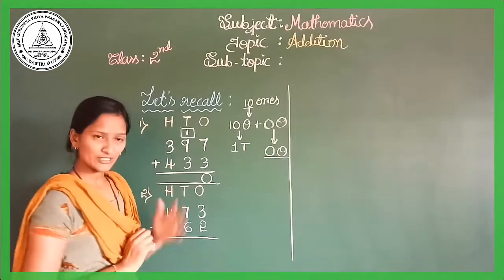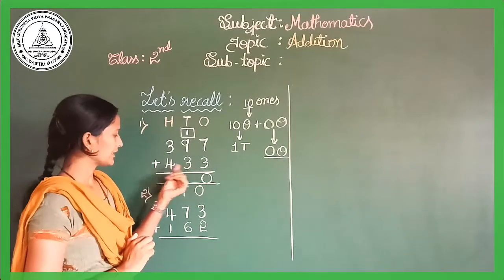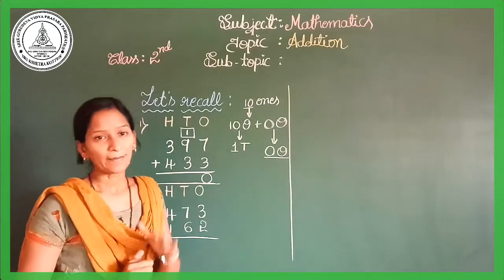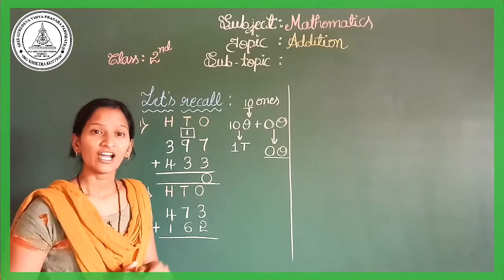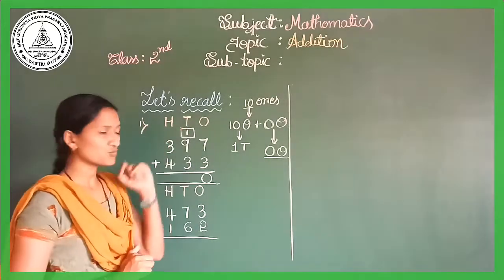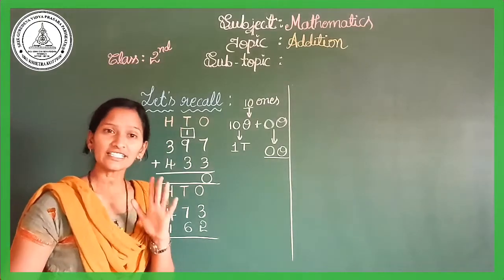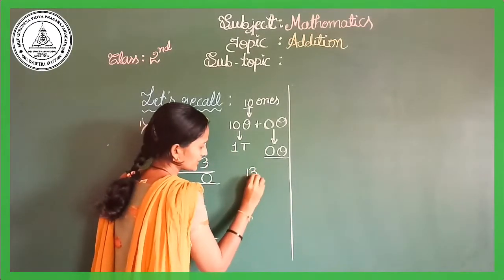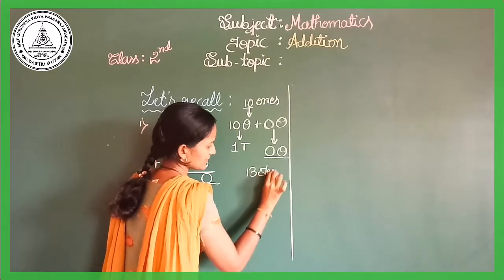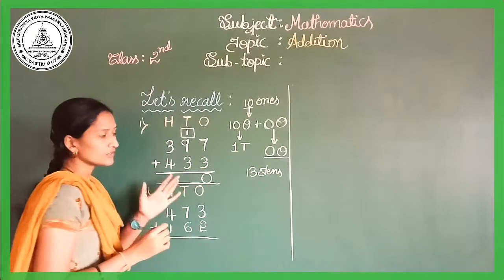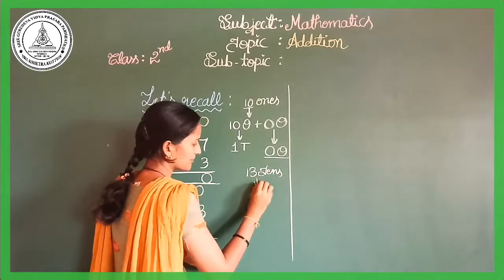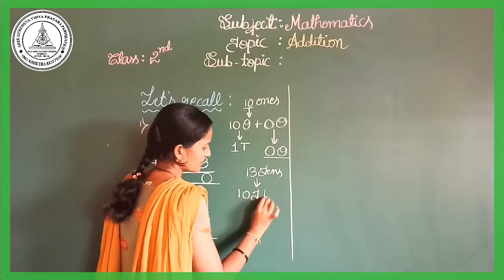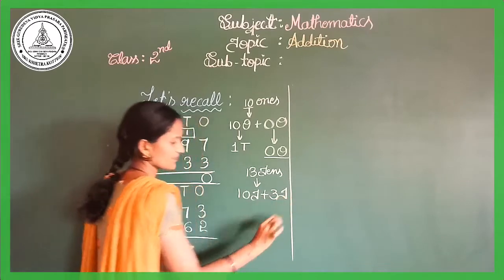So now come to the tens column. 3 plus 9. What is 3 plus 9? 3 plus 9 is 12. 12 plus 1 is 13. 13 tens, right? So it is 13 tens. So this 13 tens I am writing as 10 tens plus 3 tens.